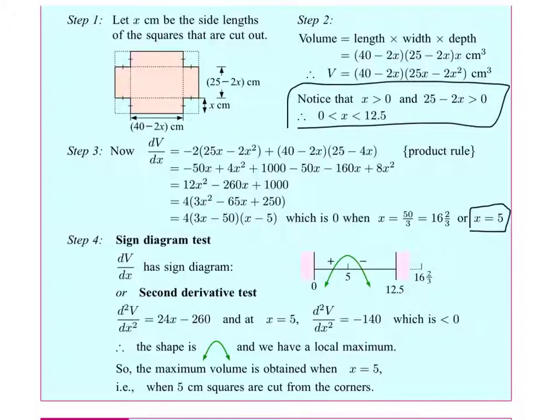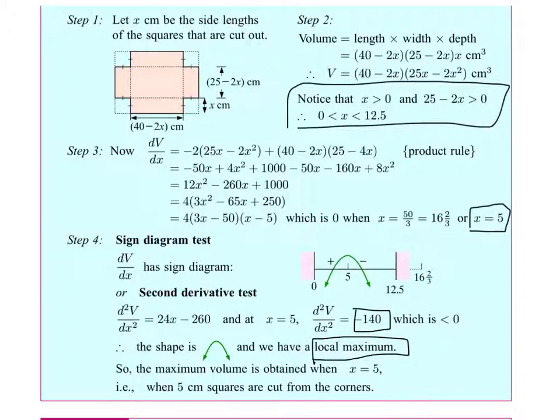I can also use the second derivative test, and because I end up with a negative 40, which is less than 0, I know that the shape of my function is concave down, and that I have a local maximum.